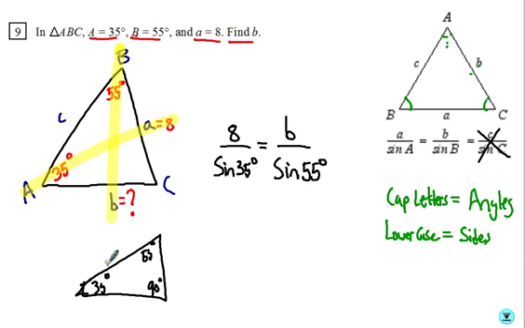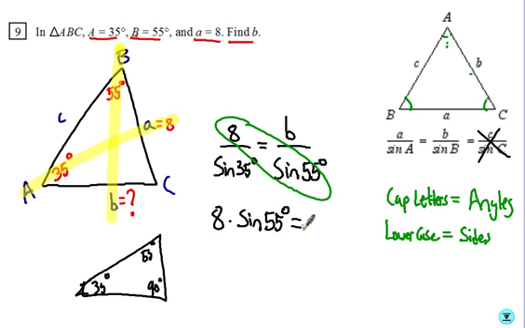And then we just want to solve for b. Anytime we have a ratio, we're going to cross multiply. So I'm going to cross multiply this direction. If you think back to middle school, they probably told you about some sort of butterfly or something. So we'll do 8 times sine of 55 degrees, and then we'll cross multiply the other direction, so b times sine of 35 degrees.